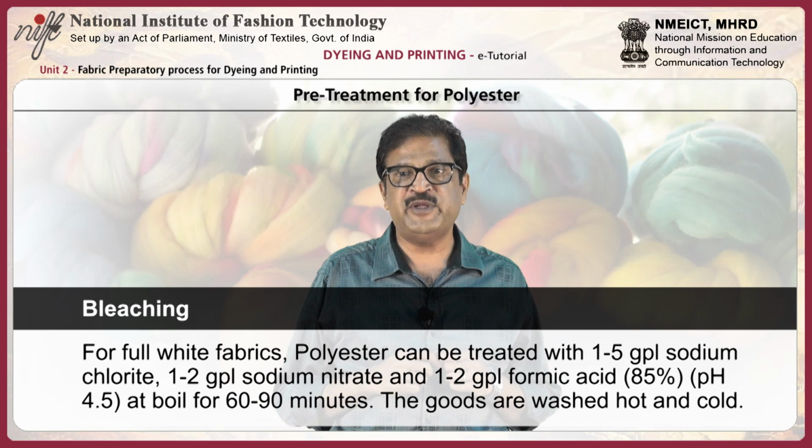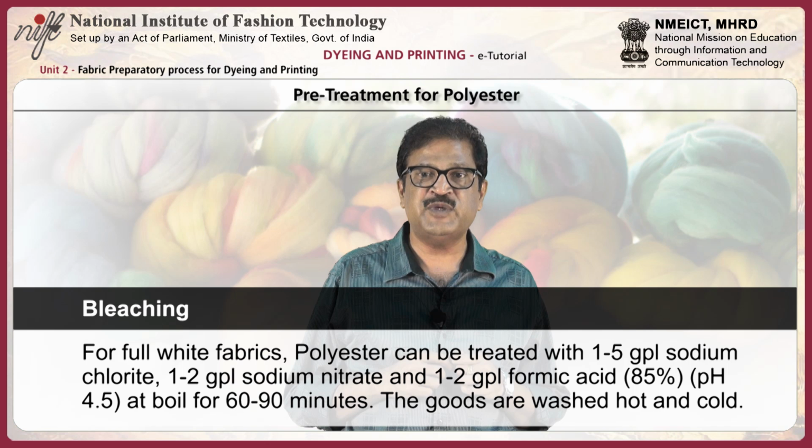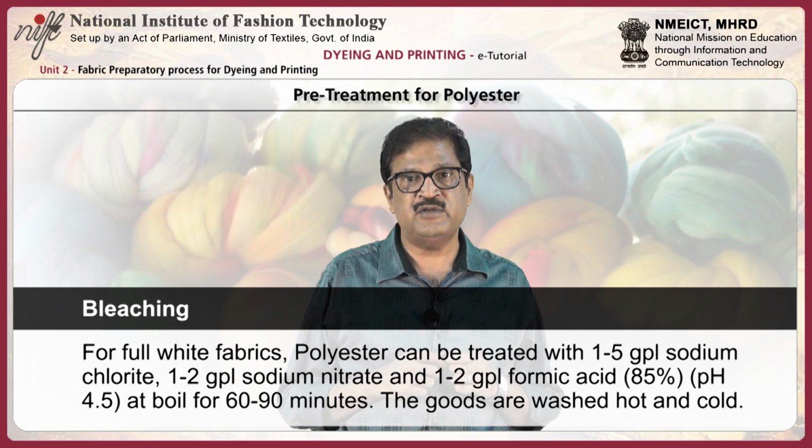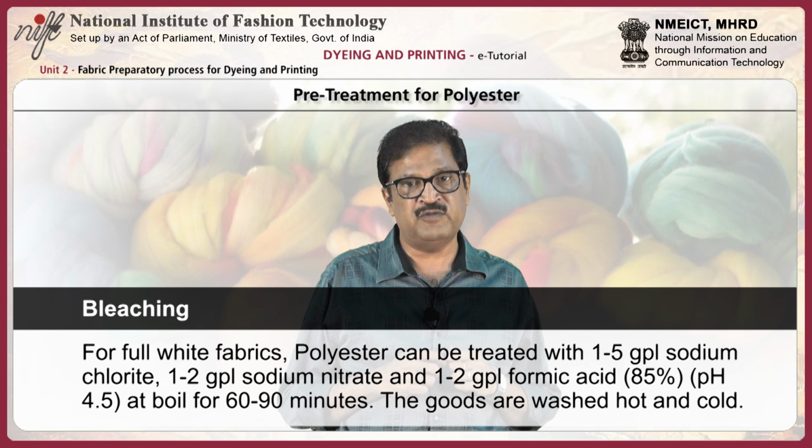For full white fabrics, polyester can be treated with 1 to 5 grams per liter sodium chlorite, 1 to 2 grams per liter sodium nitrate and 1 to 2 grams per liter formic acid 85% at pH about 4.5 at boiling temperature for 60 to 90 minutes. The fabrics are then washed with hot and cold water.